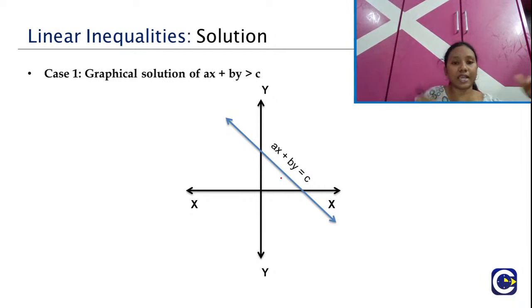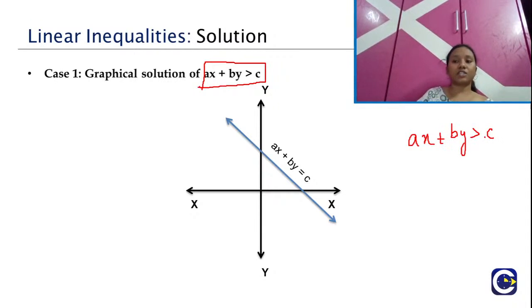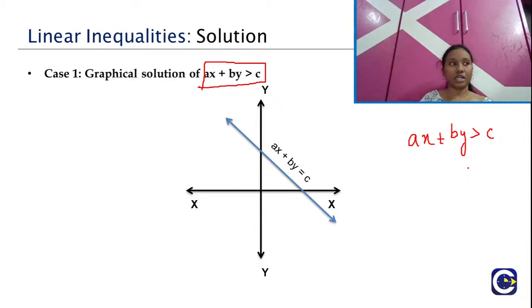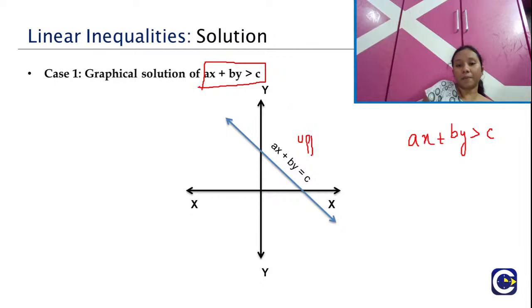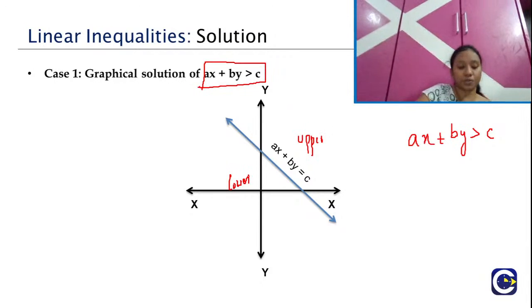My first case for the inequality is ax plus by greater than c. Whenever I have this greater than inequality, it will count the upper part. If this is my line equation, then this will be my upper part and this will be my lower part. Yes or no?